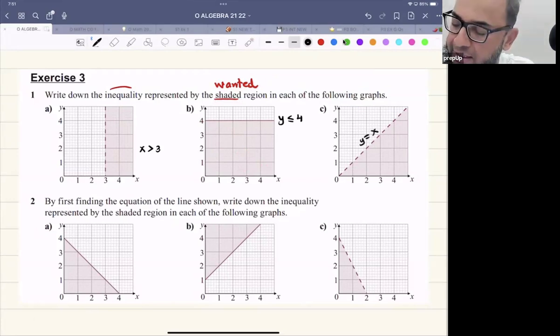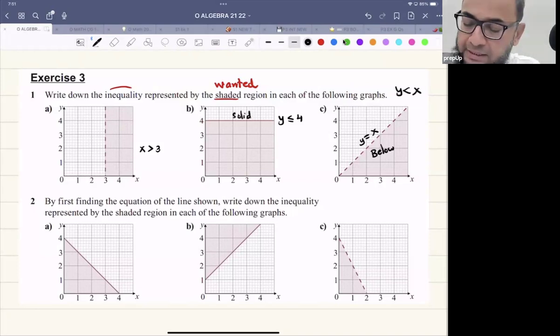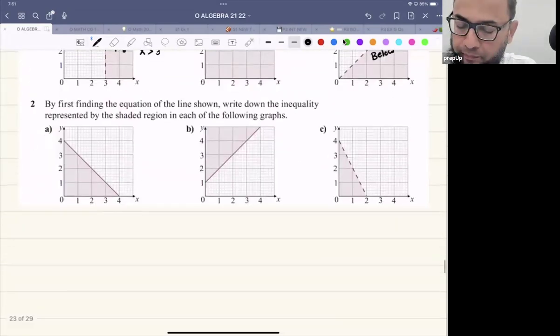It's a dotted line. This is below. So therefore, this is y is less than x. This is solid. This is dotted. This is right. This is below. This is also below. These are the few pointers that you need to look for.